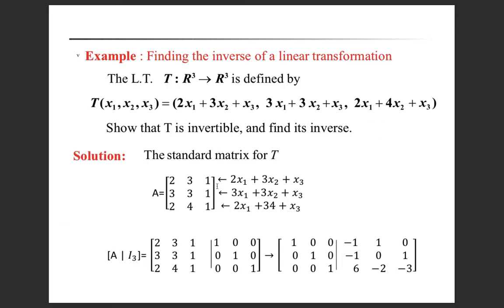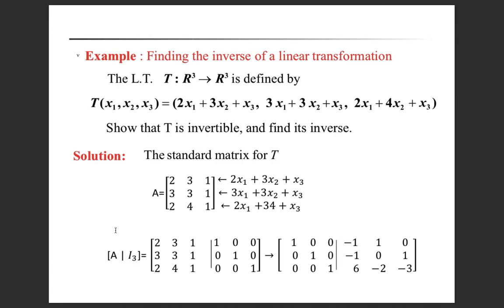So it will be 2, 3, 1, 3, 3, 1, 2, 4, 1, because coefficients here are 2, 3, 1. Here we have 3, 3 and 1. Here we have 2, 4 and 1.